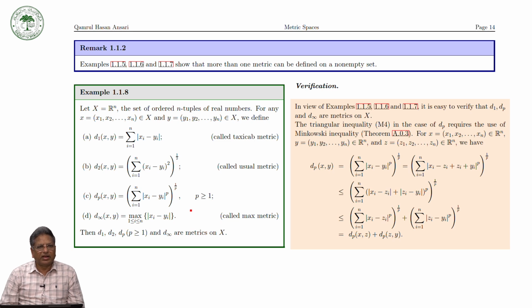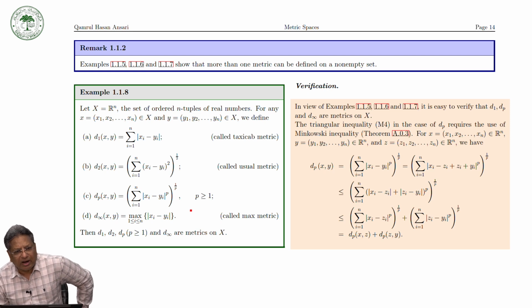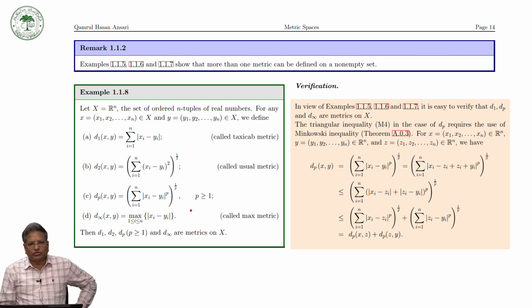We defined at least three or four metrics on R2 and at least three metrics on R. So it shows that we can always define more than one metric on a non-empty set X. At least one metric, which I mentioned, is the discrete metric, and we can define on R, R2 or Rn the usual metrics.